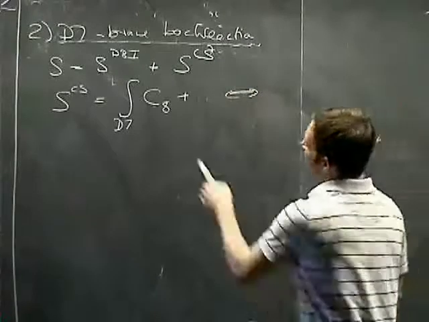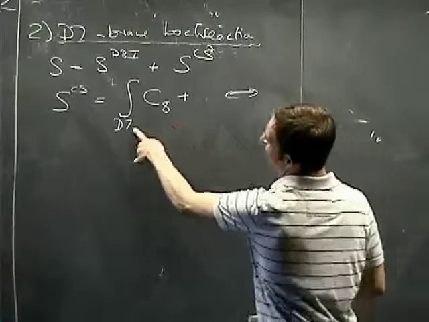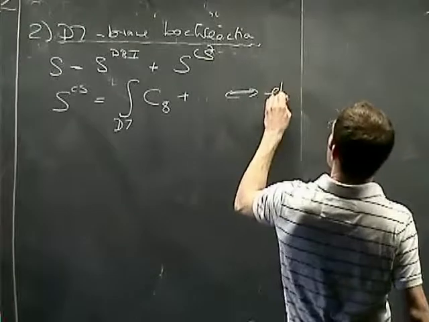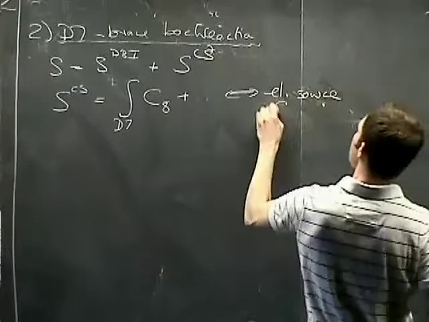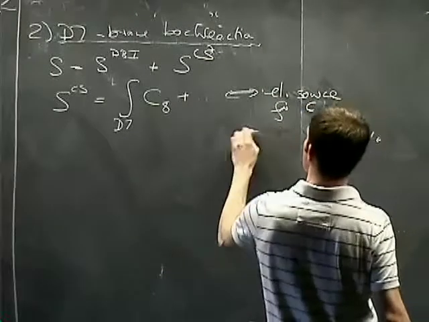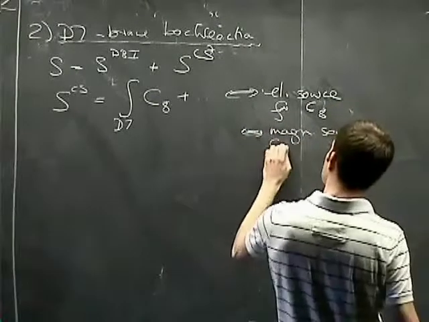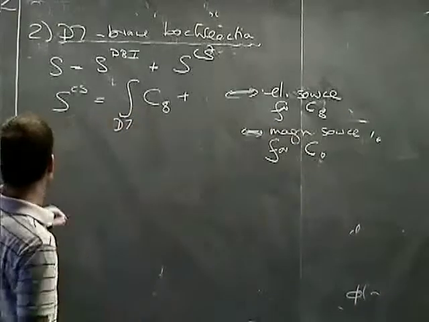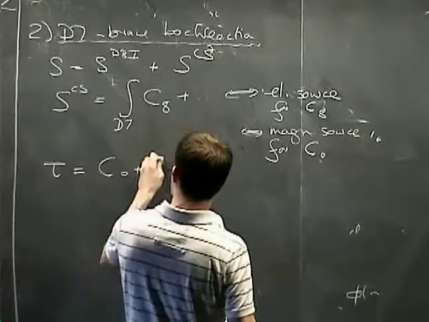So we have an electric coupling to C8, in other words a magnetic coupling to C0, which is the magnetic dual of C8. The 7-brane is an electric source for C8, and equivalently a magnetic source for C0. And C0, the Ramond-Ramond 0-form, is what appears in the complexified axio-dilaton, C0 plus i over g_s.